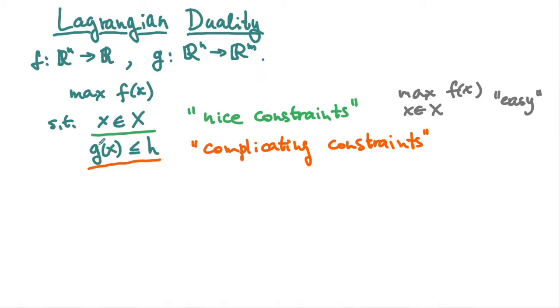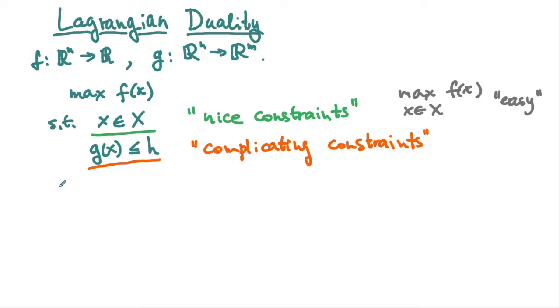So therefore, a common sense way of dealing with this is to try to get rid of the constraints given by these inequalities here, okay? So we can do it by introducing the multipliers for the constraints and essentially moving these constraints in the objective with those multipliers that represent a certain penalty or cost.